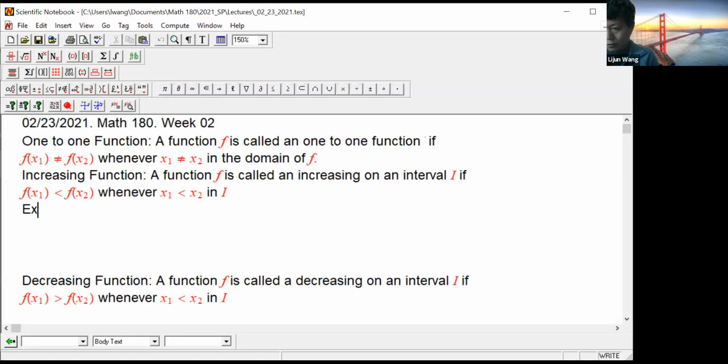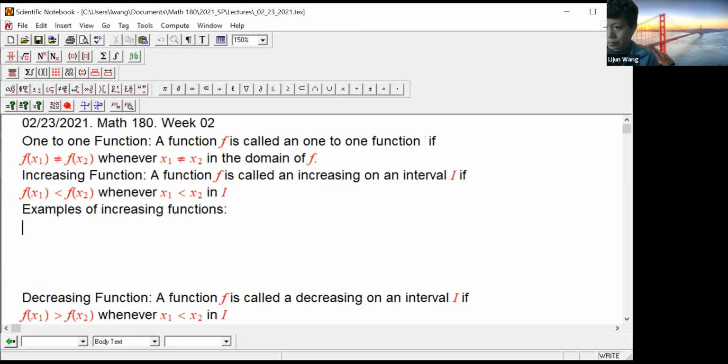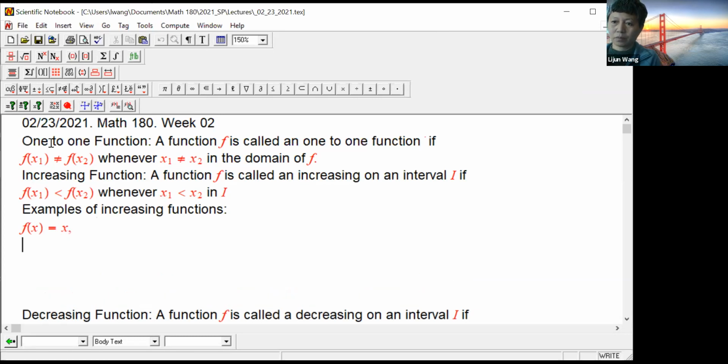So examples of increasing function: f of x equals x. Very good. And the other function we were considering is f of x equals x squared. Is that an increasing function? Yes. Think again.